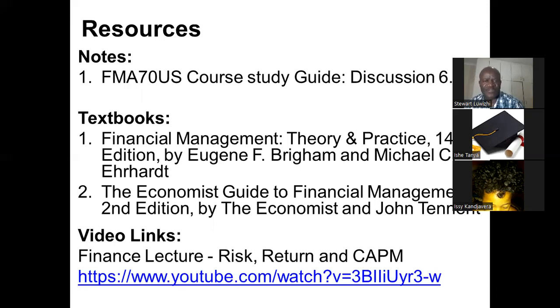There are two textbooks that you can find helpful: Financial Management Theory and Practice, 14th edition, by Eugene Brigham and Michael Ehrhardt, and The Economist Guide to Financial Management, second edition, authored by the Economist and John Tennant. Those are the main resources that we have. We also have a video link that can educate you nicely on risk and return, as well as CAPM, the capital asset pricing model.